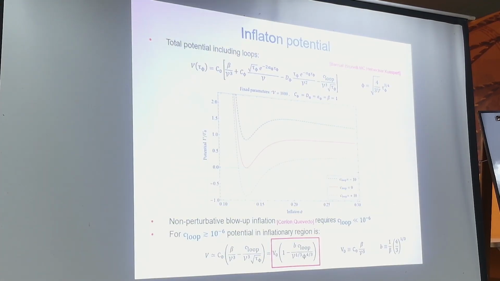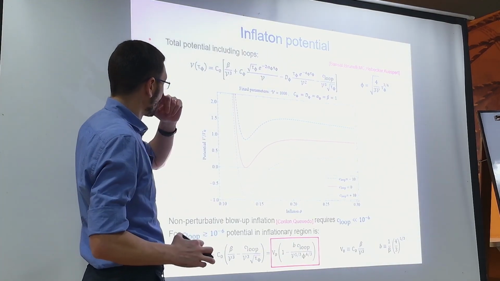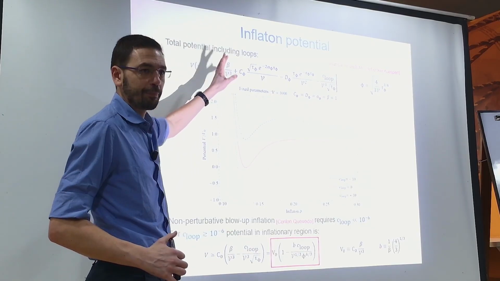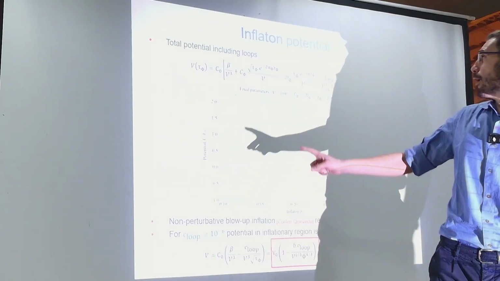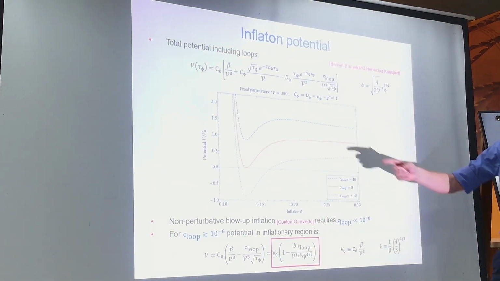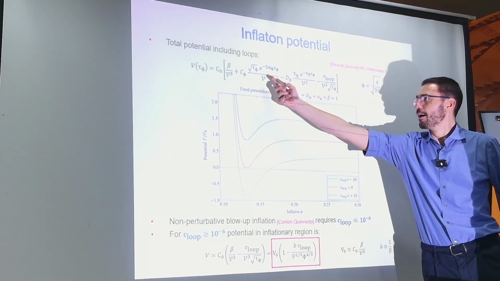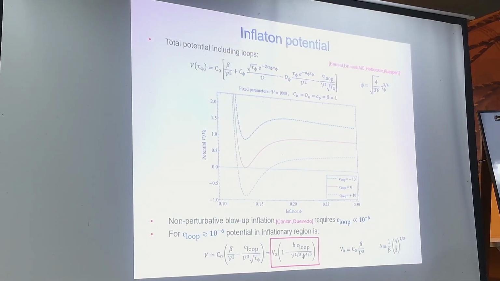So let's now go to some phenomenology and cosmology. The total potential should look like this. This is the constant piece, the V0. Remember, that depends just on the volume. These two terms are the non-perturbative effects that were introduced before.